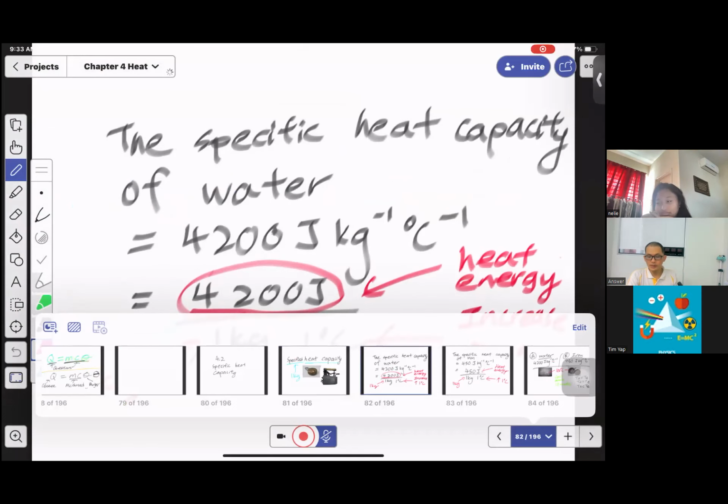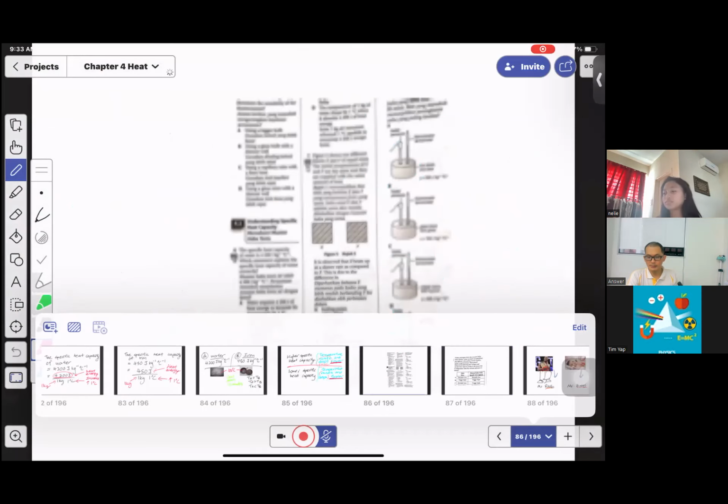Okay, now let's move on to the calculation part.